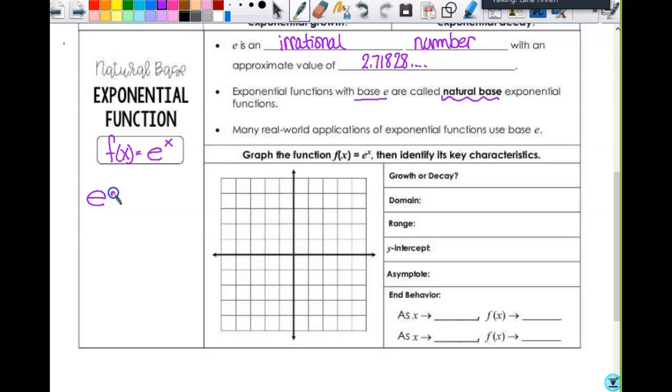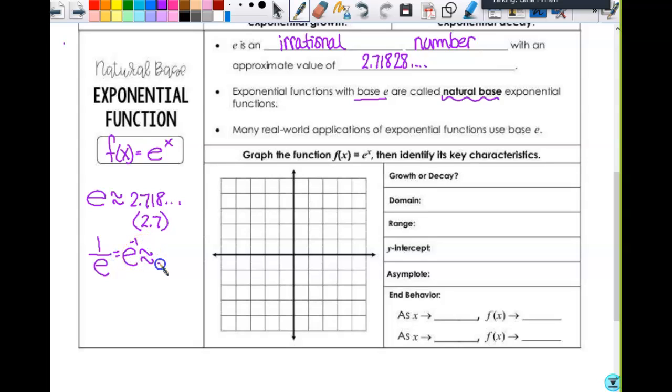So e is about 2.718, blah, blah, blah. What needs to be in your head for sure is 2.7. That's an estimate, that is not the value of e, but especially with graphing, 2.7 is close enough, right? We're also going to need to know what 1 over e is, or e to the negative 1 power, same thing.